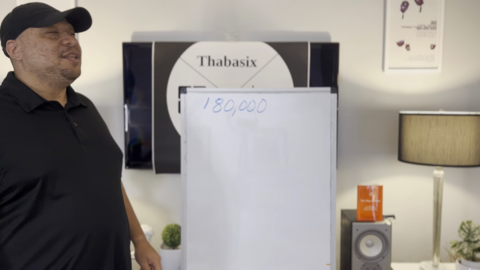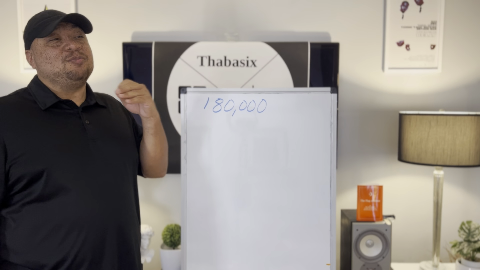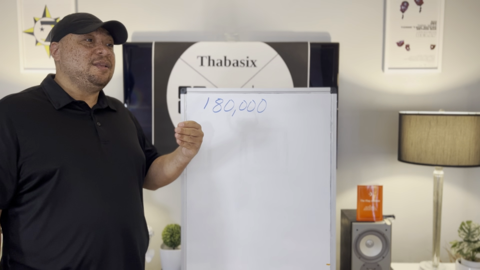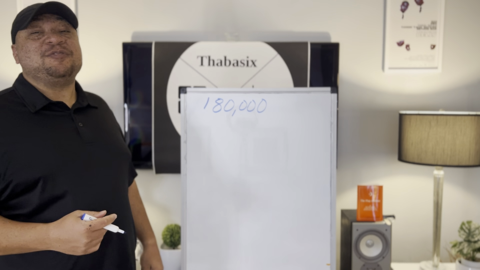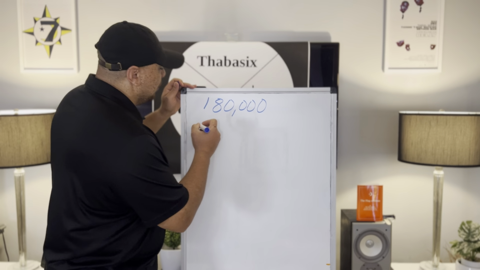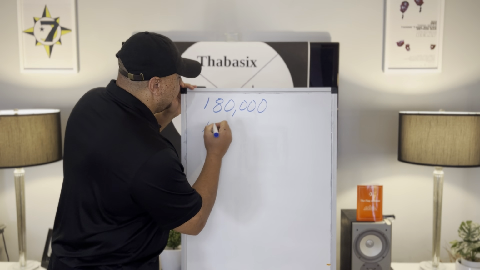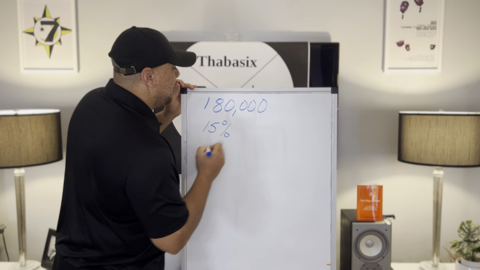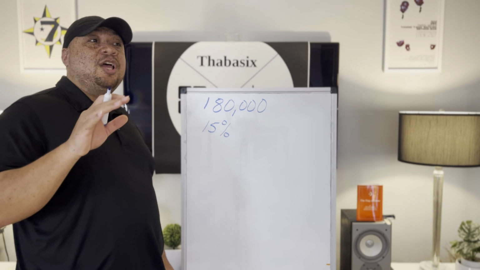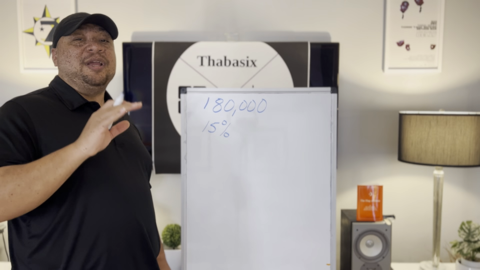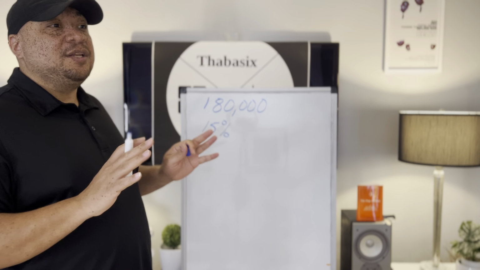All right, so $180,000, and the problem stated that we were required to bring to the closing, if we were the purchaser, 15%. So we were required for the down payment of 15%. And the lender charges 2 points. Now the key is the lender 2 points.